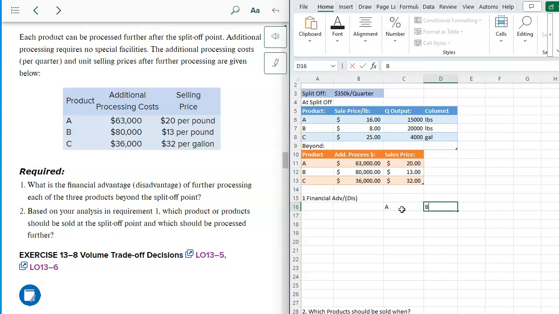Product B and product C. Okay. So we're looking for financial advantage or disadvantage of further processing beyond the split-off point. So let's start with that sales price beyond the split-off point.